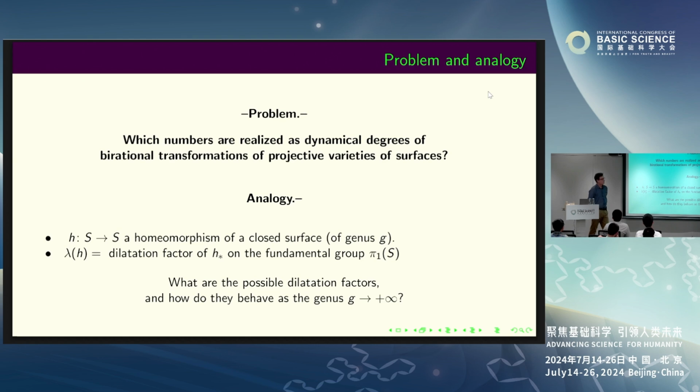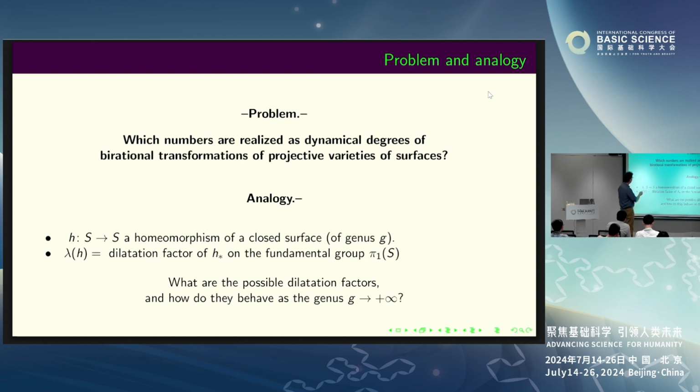Okay, so the problem I want to look at, I mean, this sentence is not well phrased, but is the following. I get numbers, which are these dynamical degrees, and I want to understand what type of numbers are these dynamical degrees, say for any projective variety. But what I will do is I will not look at projective varieties, I will look at the first interesting case, which is the case of surfaces.